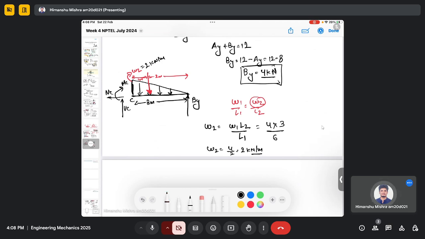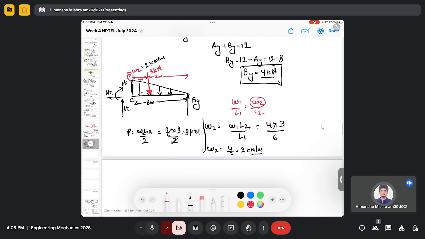And my equivalent point loading is actually W2 L2 by 2. So W2 is 2, L2 is 3, so it is 3 kilonewton.